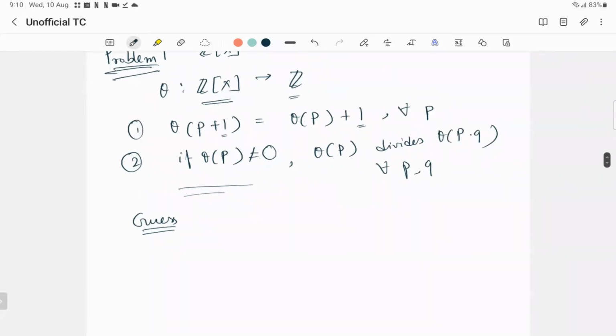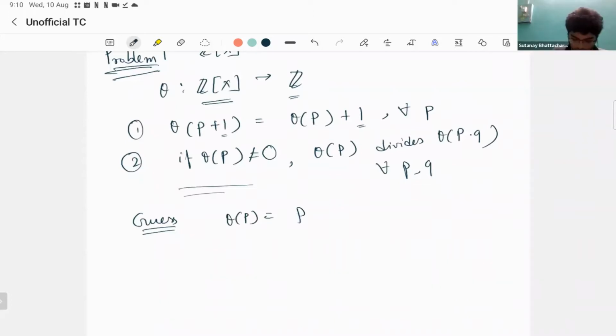Theta of P is equal to P1s. So this P is a polynomial, right? So you're supposed to spit out an integer. Still don't quite understand. So suppose your polynomial is x squared plus x plus 1. What does that map to?